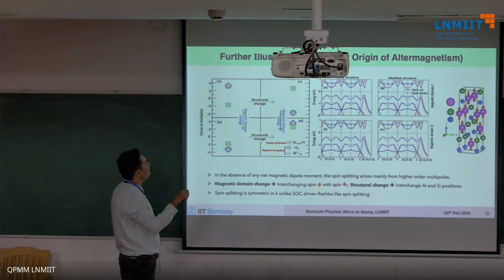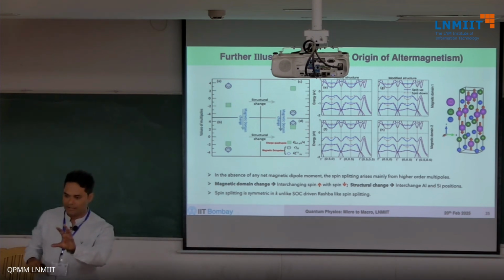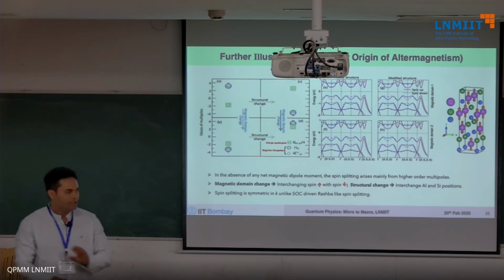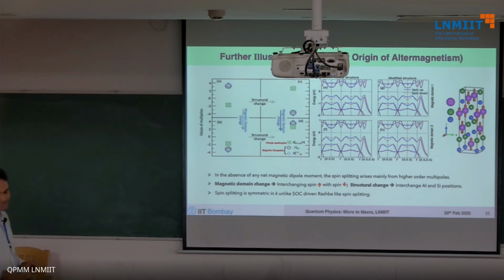I'm just showing that if I do a structural change, which means wherever aluminum was, I replace it by silicon, or in this case, wherever square was, I replace it by circle, and circle is replaced by square, which means I have somehow changed the environment at a particular sublattice. And because it is a surrounding environment change, it actually flips the sign.